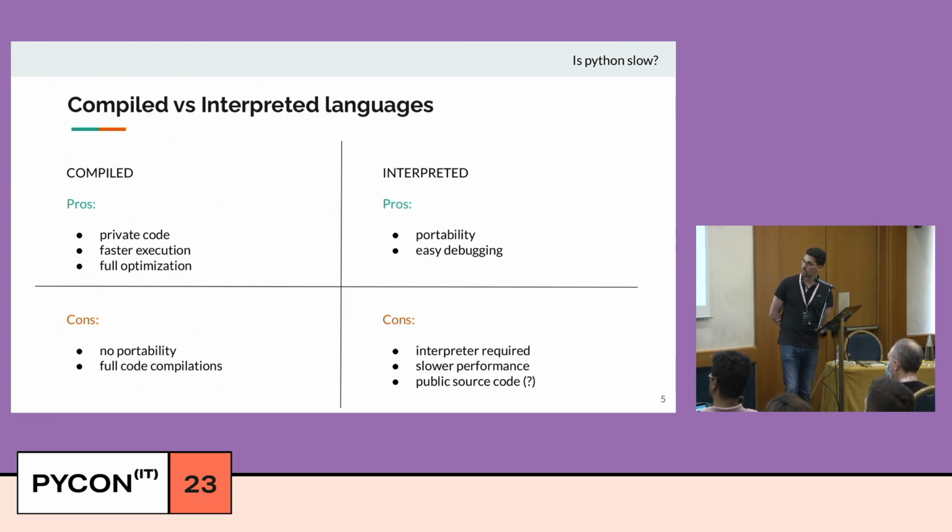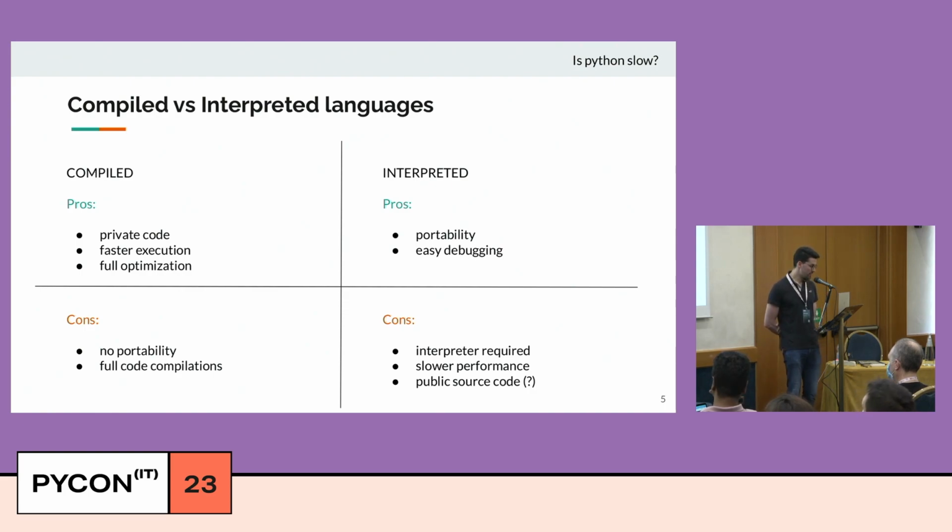This is, of course, not open source, so it could be a pro, but not everywhere. Compiled languages also have faster execution, because your code is fully optimized through the compiler. However, they lack portability, as you have to target a specific platform in order to run them.